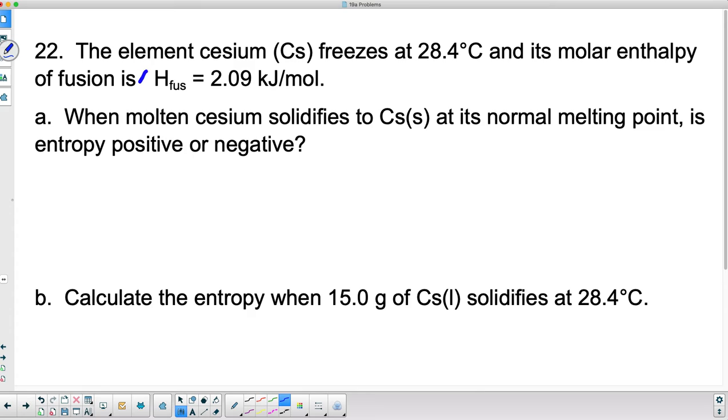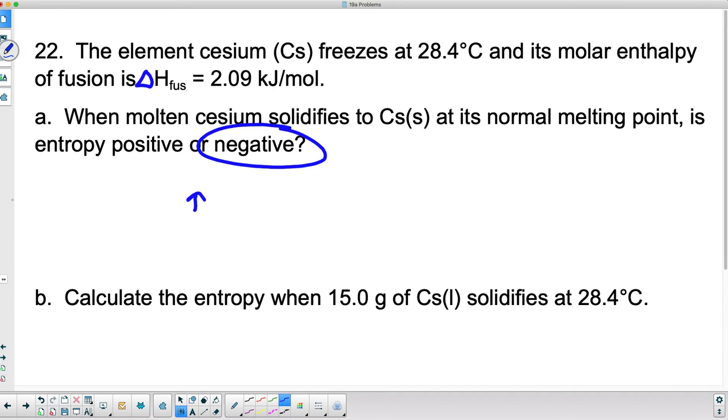and its molar enthalpy of fusion, which I believe should be a delta H, is 2.09 kilojoules per mole. When molten cesium solidifies at its normal melting point, is its entropy change positive or negative? When it's going from a liquid to a solid, that means it's getting less random, which means negative. Let me say that one more time.